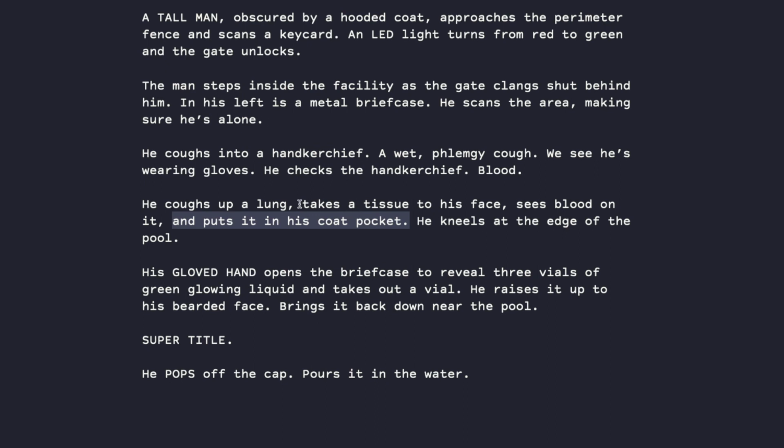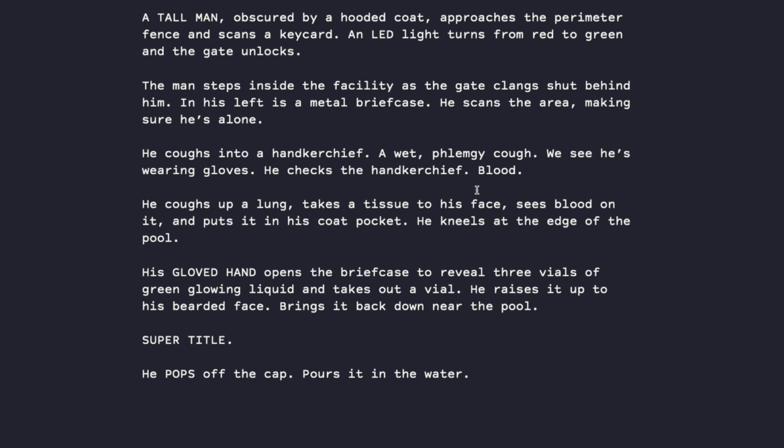So phrases like "takes a tissue to his face," I think we just take care of that with "he coughs into a handkerchief." And I don't think we need to see him put it in his coat pocket. Again, maybe that's important, but I think we can just skip over that, and maybe we'll just cut to him kneeling at the edge of the pool, and then it just makes the flow of the read a little nicer.